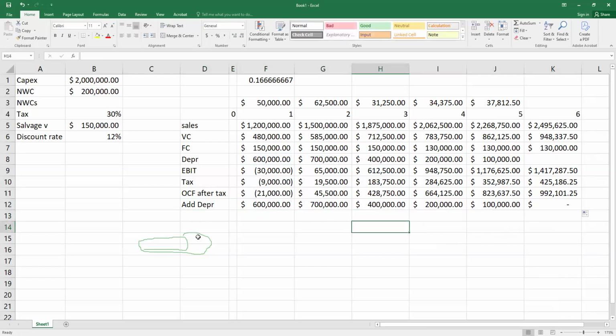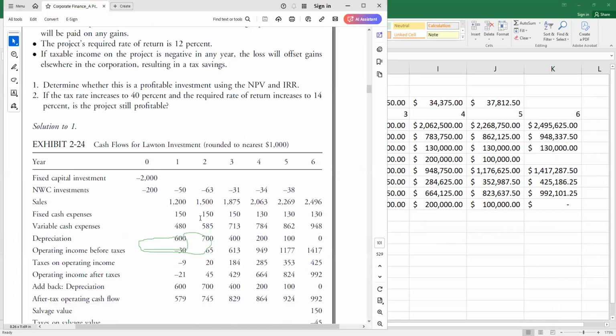It's given. I just link the cells with the previous cell, like it was F8 and just put in F12. It's just a linkage. Let me just check it.